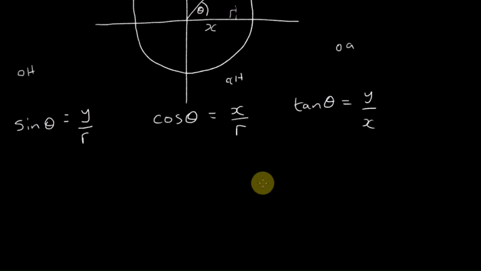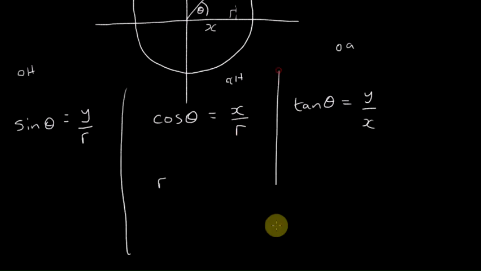So if we were to, for example, get x equals, right, so what you can do is just a bit of algebra and play around with it a little bit. Okay, so what if we just made r the subject? Let's do it like this. So we're working with cos, and so we'll just cross multiply. That's cos theta.